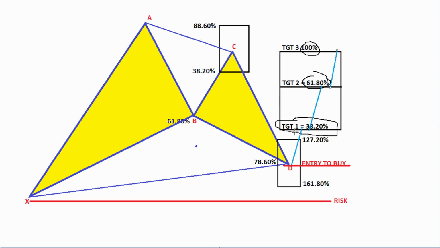So if you bought multiple lots, you could scale out. If you bought one lot, you can trail a stop. For instance, if the market you bought here and the market went to 38%, you could bring your risk to here. If the market went to 618, you could bring your risk to here. You see, it's up to you at that point, but if you have multiple lots, you can scale out on the way up.